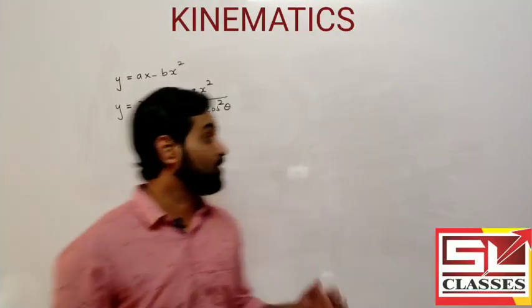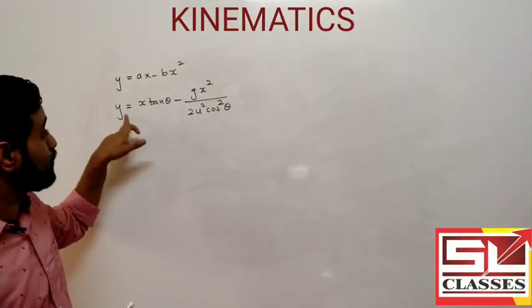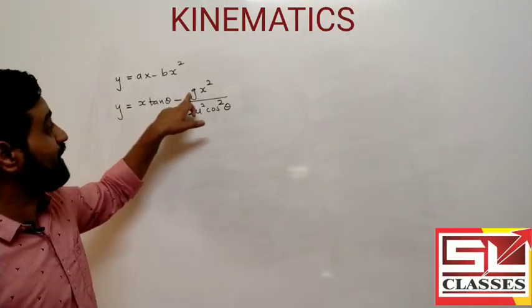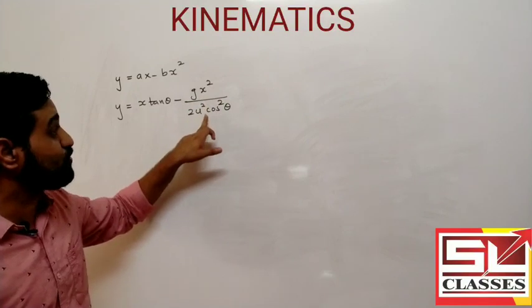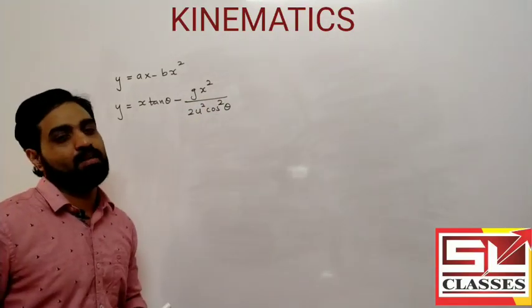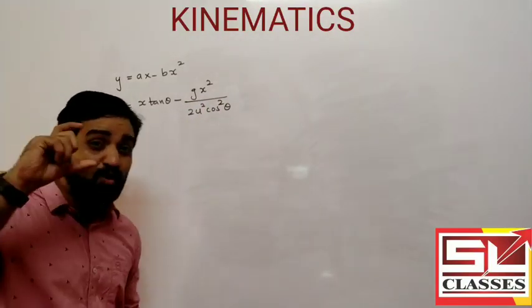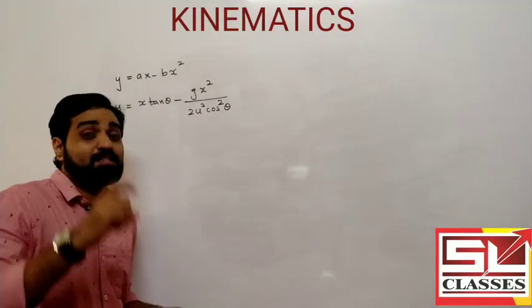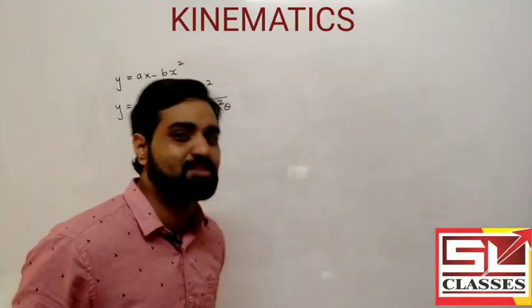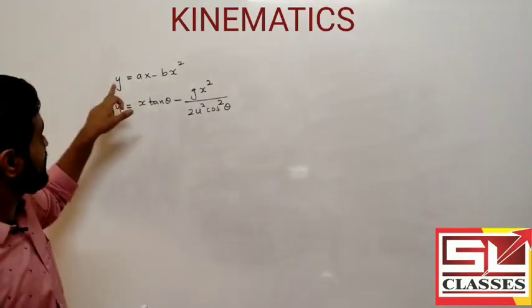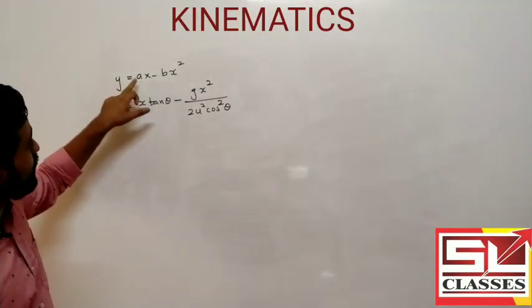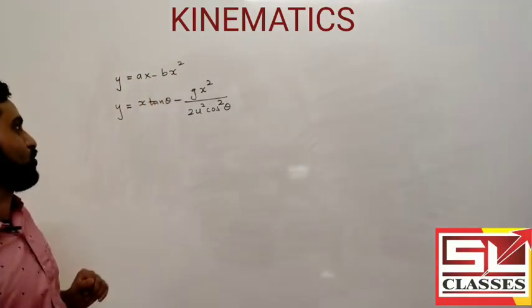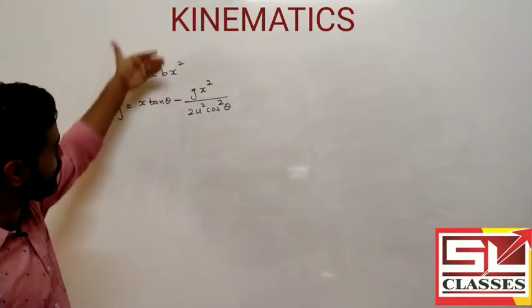That equation will be like this: y is equal to x tan theta minus gx square by 2u square cos square theta. That's the general equation for y in terms of x. That is called the equation for trajectory. So in the given equation, it is given that y is equal to ax minus bx square. We can compare these two equations.